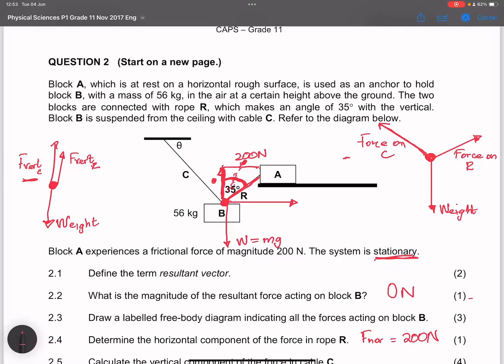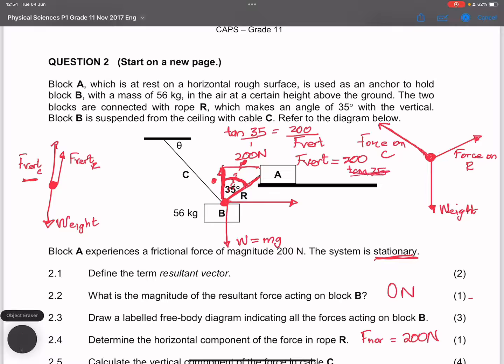So tan of 35 would be opposite, which is 200, divided by adjacent, which is the vertical component. So F vertical will be 200 divided by the tan of 35.